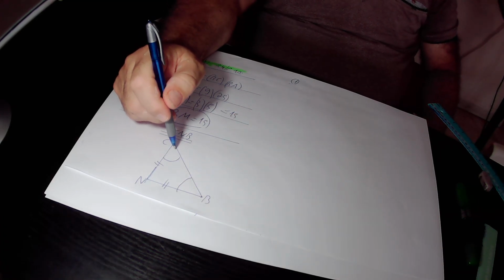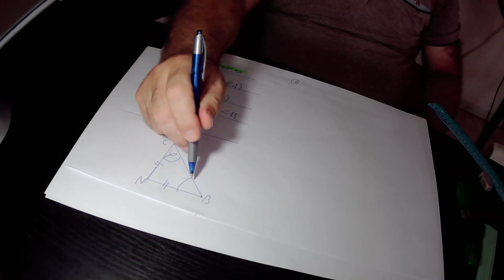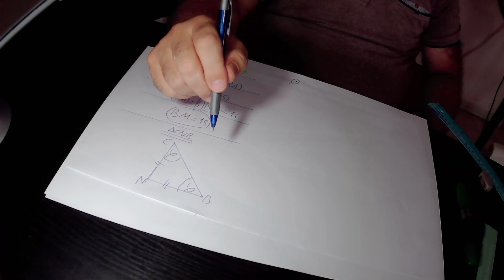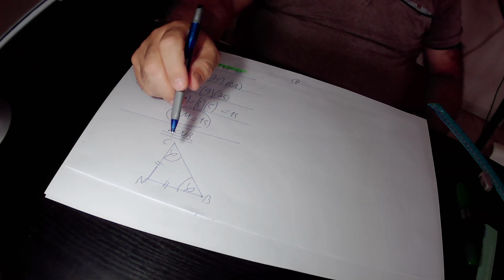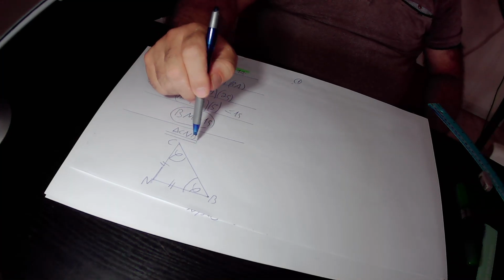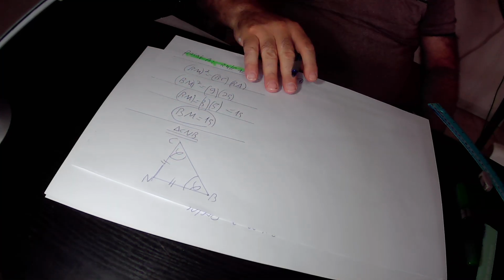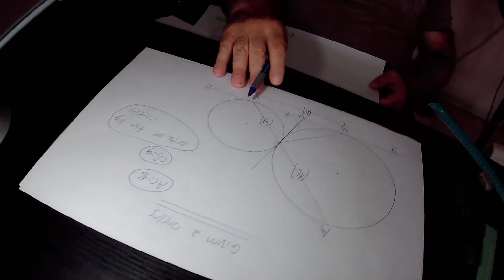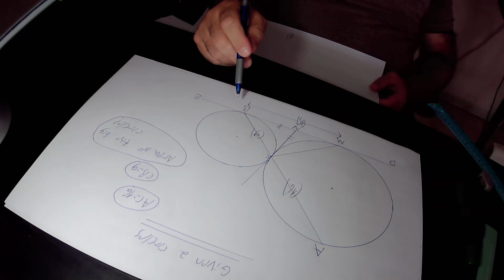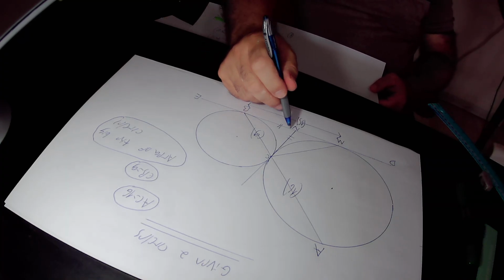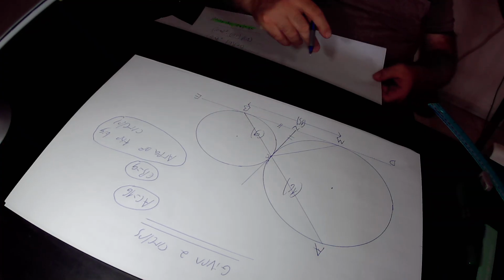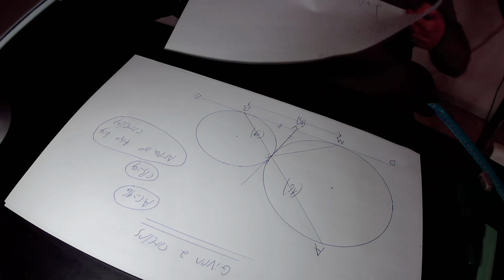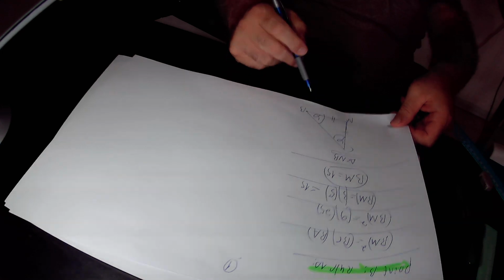So if the size of this angle is alpha, then the size of this angle must also be equal to alpha, according to the rule that I mentioned. So in total we shall find out that angle NCB equals alpha and angle CBN also equals alpha.